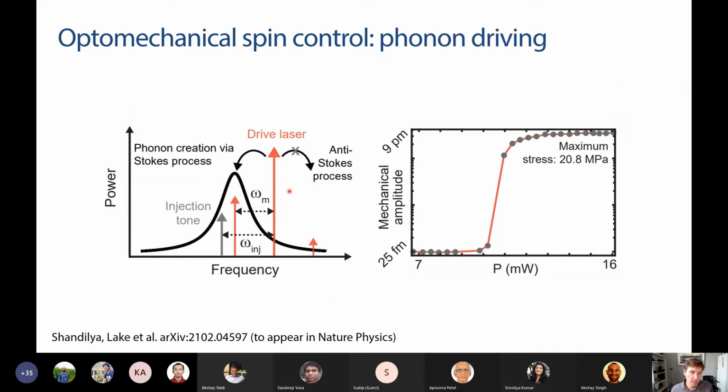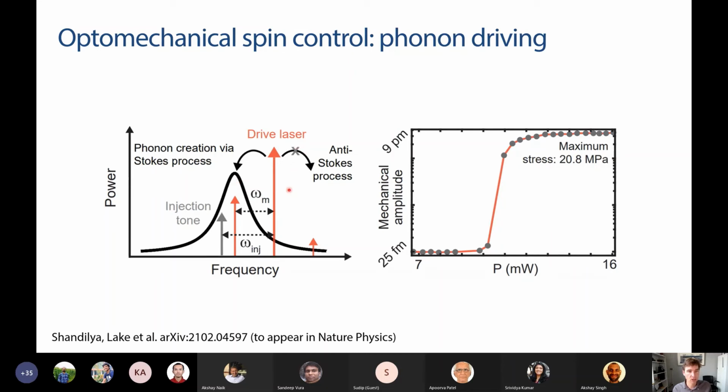So to do this, we perform similar experiments to what I described with optomechanical memory, actually quite a bit simpler in some ways, where we just optomechanically heat our device. So basically, we're going to excite motion of our device so that it enters a regime of mechanical self-oscillation.